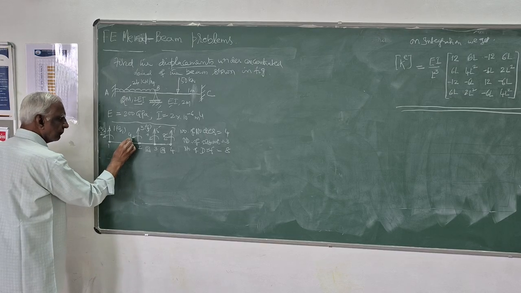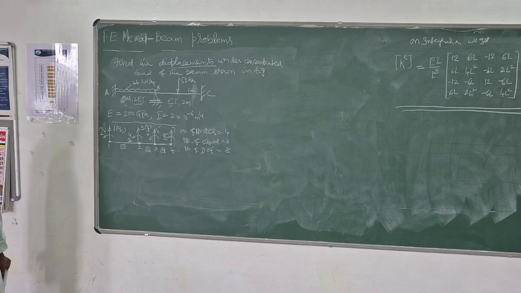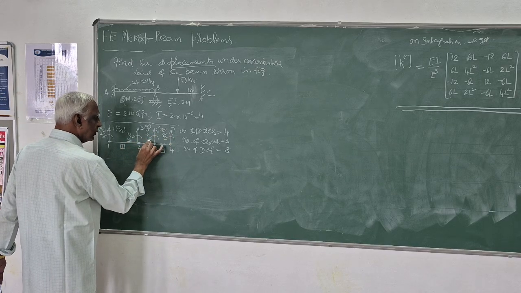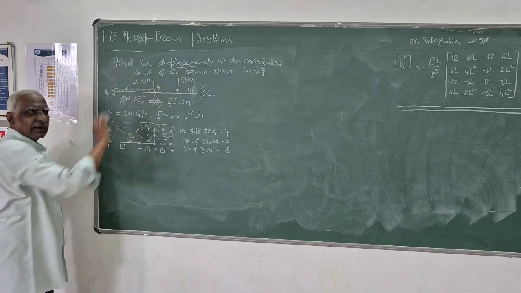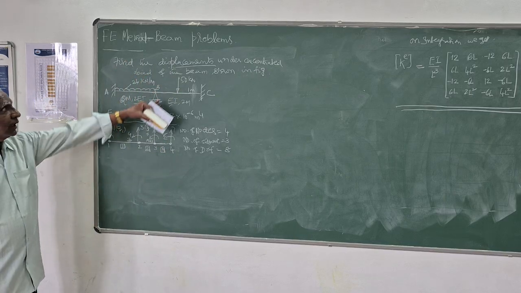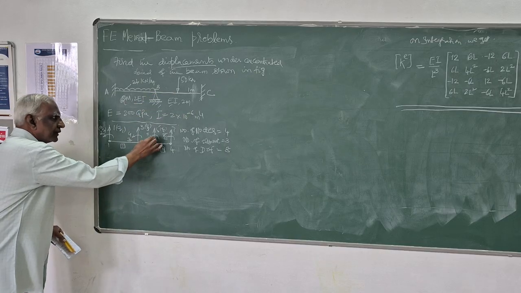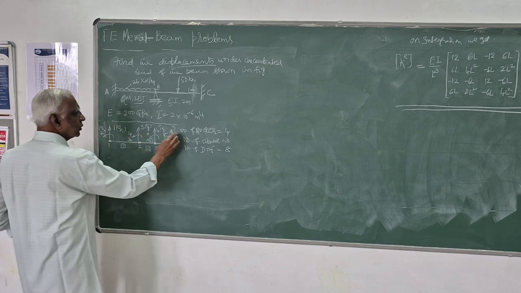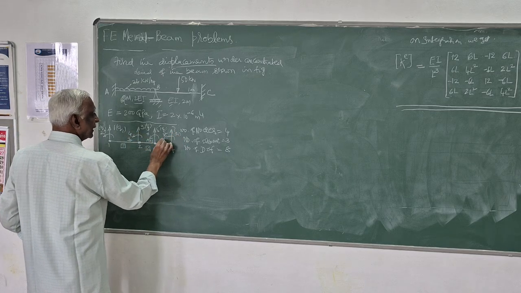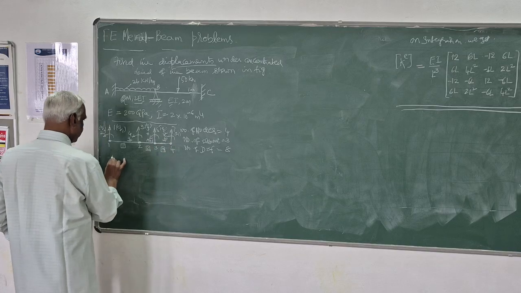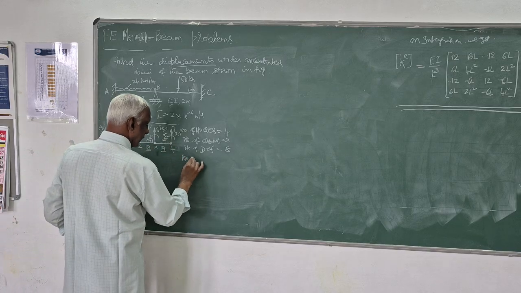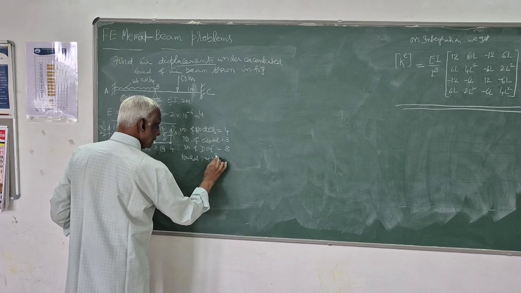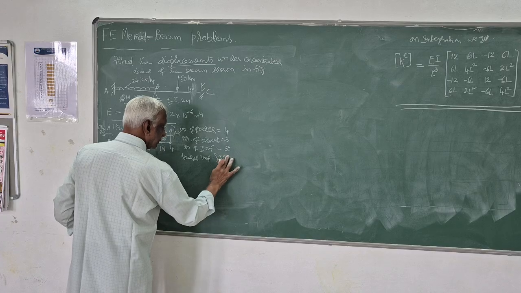This Q4 we have to determine. Here it is Q5, Q6, both we have to determine. In the problem also we have to find the displacement under the load point. So both Q5, Q6 we have to determine, Q4 also we have to determine, but Q7 and Q8 are 0.